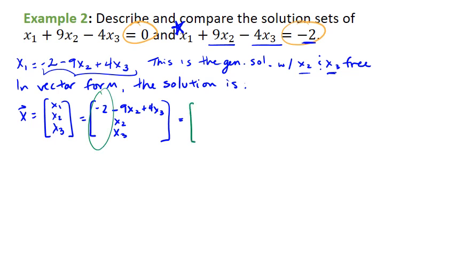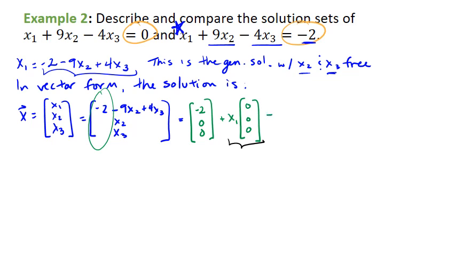So when I write my matrix of constants, I just have -2, 0, 0, because I don't have any constants for x2 and x3. As far as x1, you'll see that I don't have any x1s. You can write this, but it's just like adding 0, so a lot of times we don't do that.